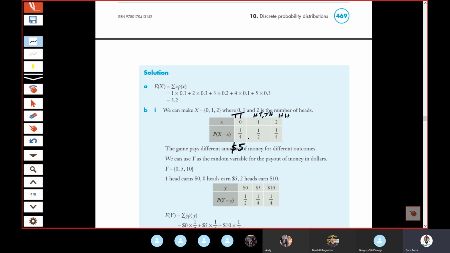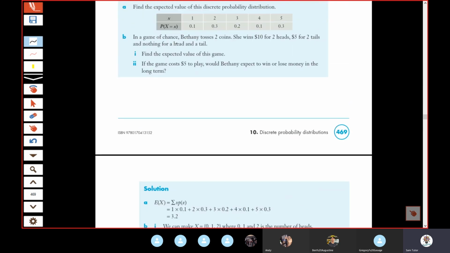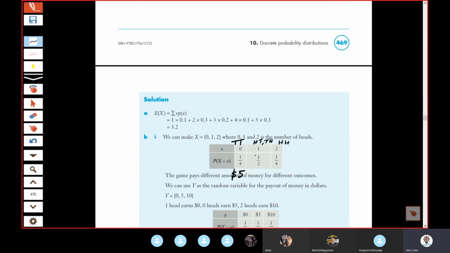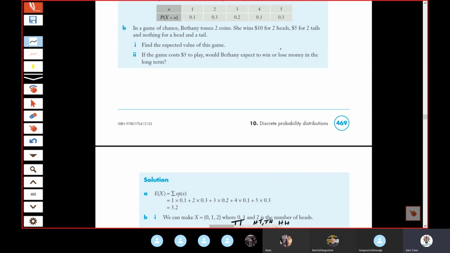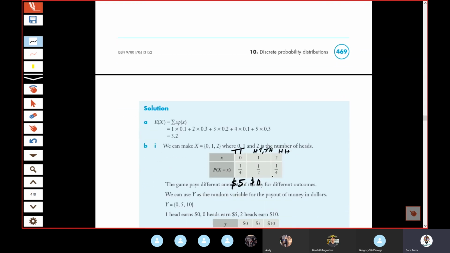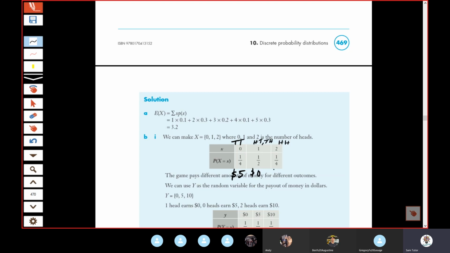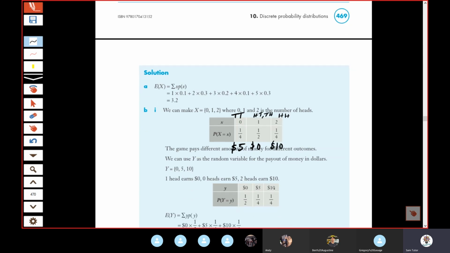So 0 heads, $5. 1 head, you win nothing. At 2 heads, you win $10. In other words, $10 you win a quarter of the time, $5 you win a quarter of the time, and $0 you win half of the time.